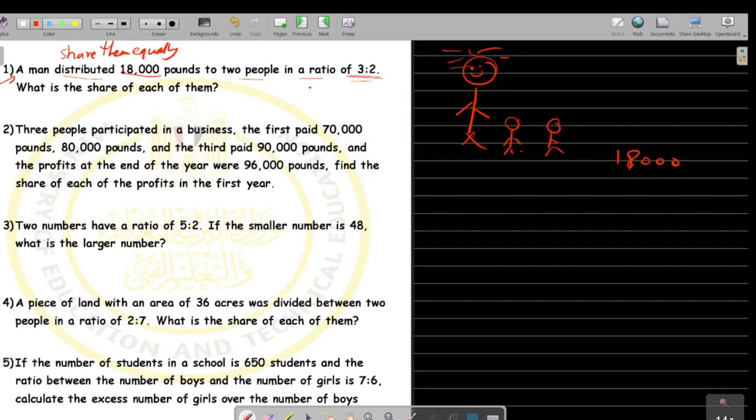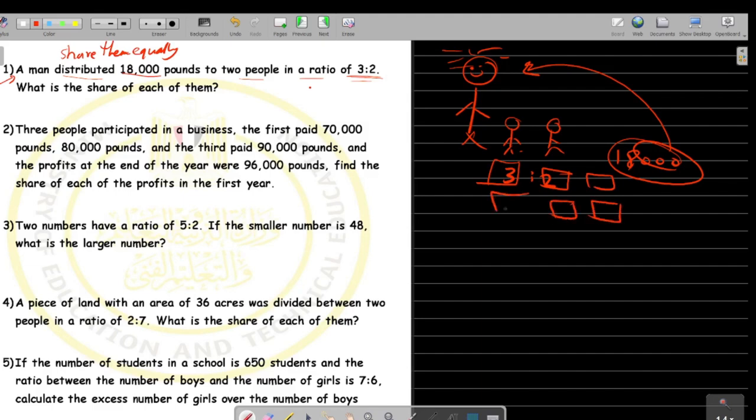Okay, the ratio here between 2 is 3 to 2, and he has all of this money. Okay, what is the share of each of them? You have to draw 6 boxes first: 1, 2, 3, 4, 5, 6. In the first box you have to put the number, and in the second box you have to put the number of ratios.